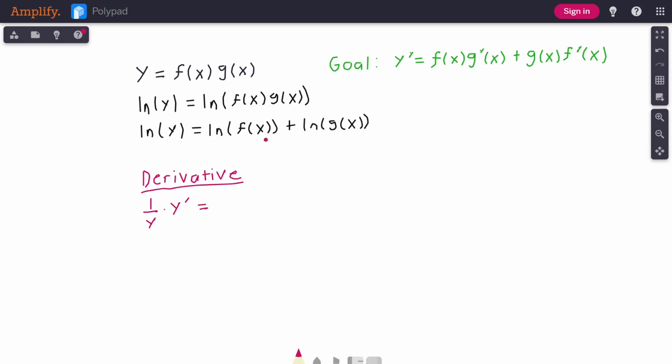Now the derivative of the natural log of f of x is going to be 1 over f of x, and by the chain rule, we have to multiply by the derivative of the inside. So the derivative of f of x is f prime of x. Similarly, the derivative of the natural log of g of x is going to be 1 over g of x times the derivative of the inside, which is g prime of x.